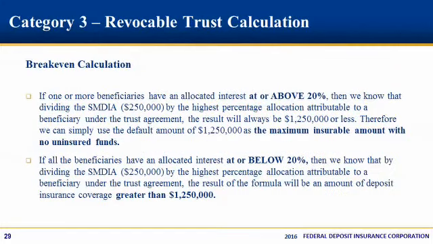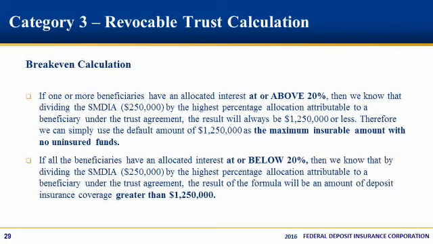We developed the information on the next 2 slides as a shortcut for you to use when you have 6 or more beneficiaries named with unequal allocations to one or more named beneficiaries, and the depositor is attempting to insure more than $1,250,000.